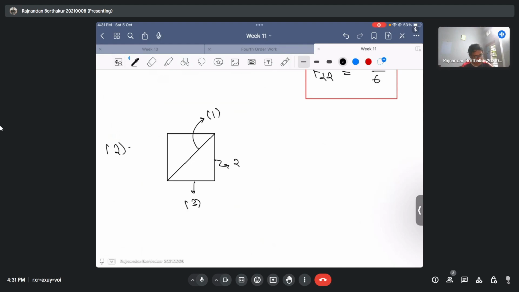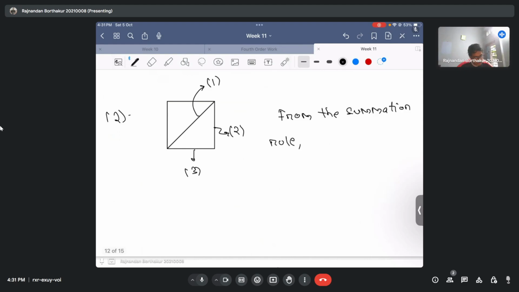So now straight away I can write from the summation rule that F11 plus F12 plus F13 is equal to 1.